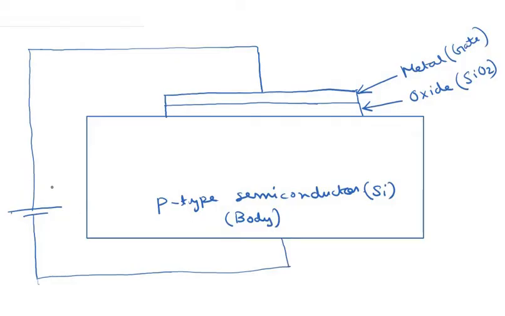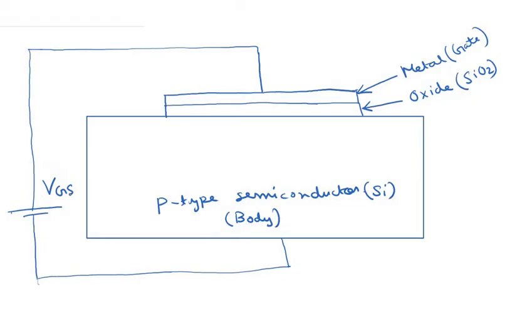This potential difference, let us call it VGS. Why it is called VGS will become clear in a moment, but right now let us assume that this voltage is coined as VGS. Now, suppose initially this voltage VGS is 0.